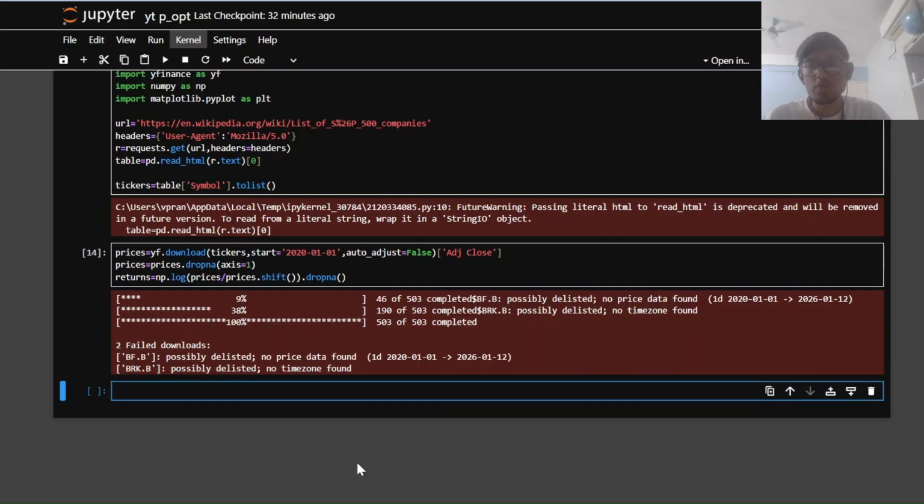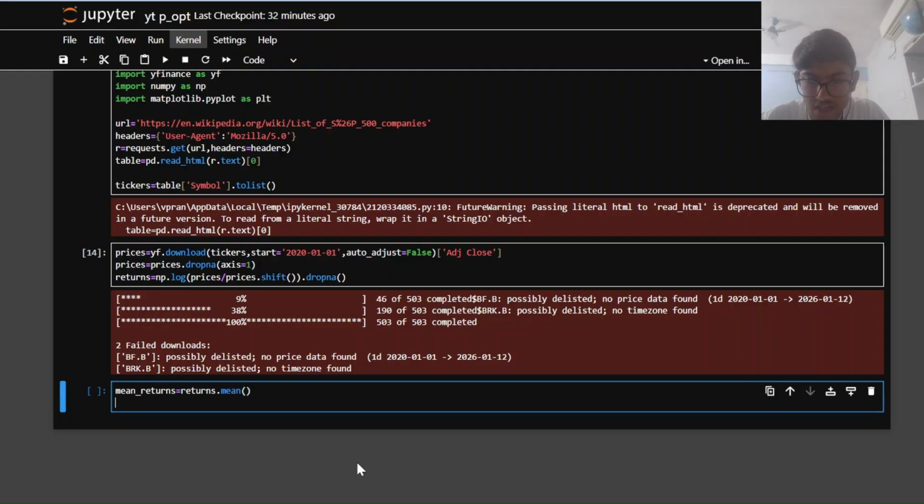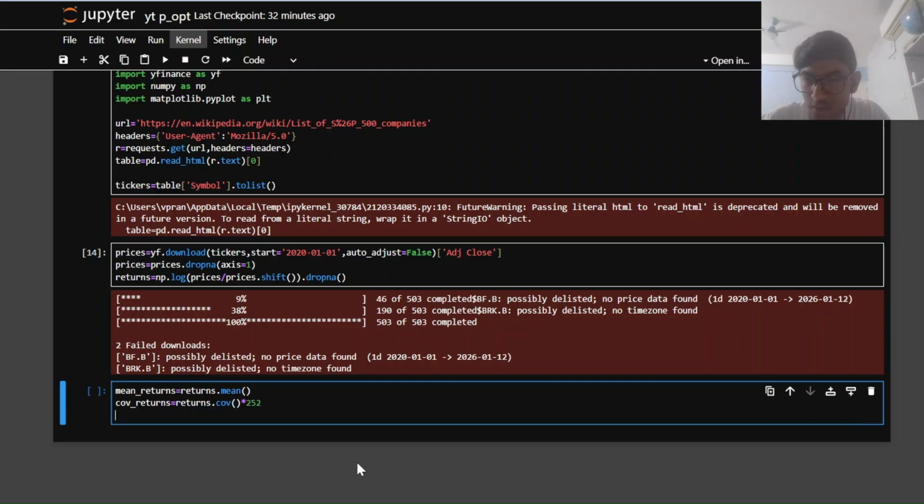Okay, so since this is an optimization problem, we should necessarily pre-compute some things like mean returns and the covariance matrix to save up execution time. So let's quickly get those. Mean returns is equals to returns dot mean, right? And your cov returns will be returns dot cov, and we'll multiply by 252 because we are annualizing it, right?